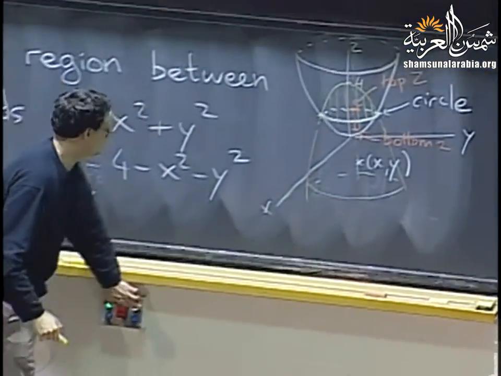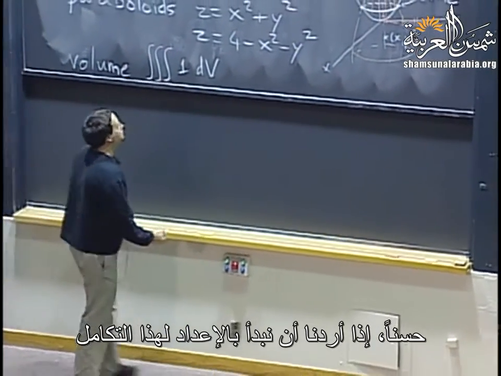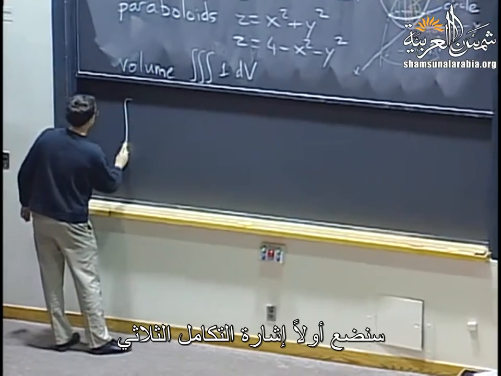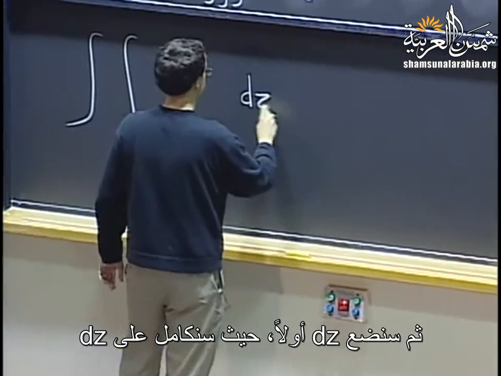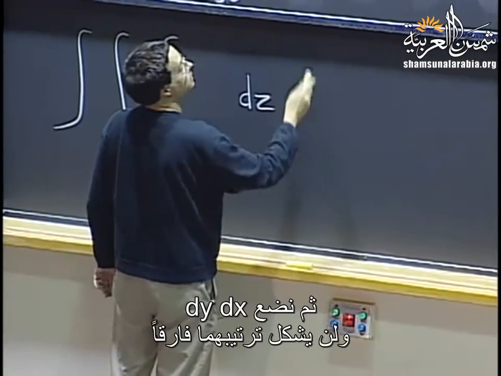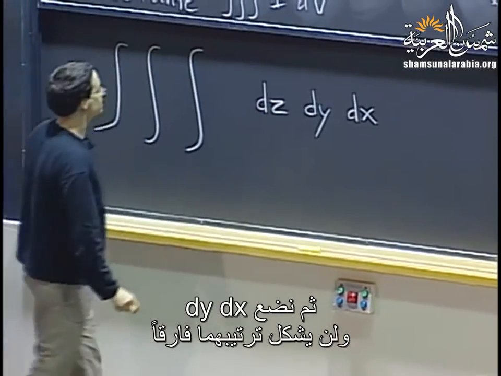Okay, so to set this up, I will write a triple integral. Let's say I'm going to do it dz first, and then dy dx, for example. It doesn't really matter.